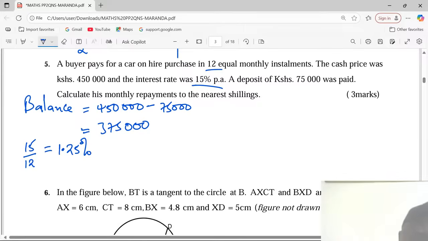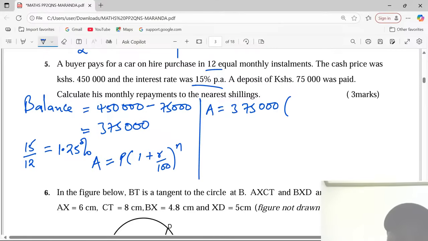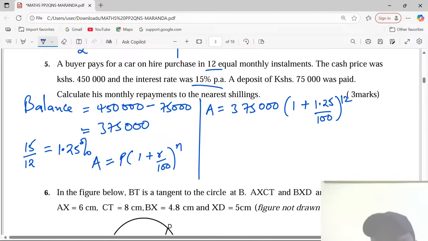per month. So we know that amount is usually given by principal times 1 plus rate, which is a percentage, raised to n. That is the compound interest formula. So the amount that will be paid later shall be the principal, which is the balance after deposit was made, times 1 plus a rate of 1.25 divided by 100, raised to power 12.